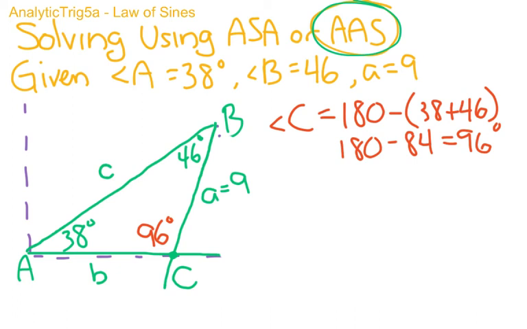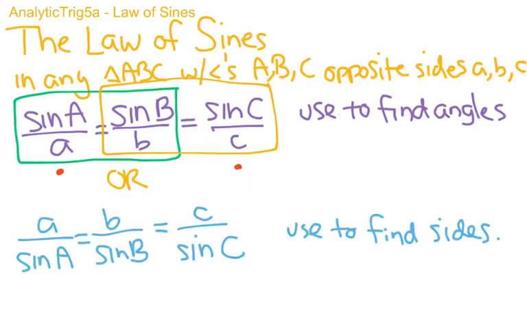Now notice that we have all of the angles, so we're just looking for the value of C and B now, which is fairly simple. So I'm going to go back to the law of sines, and in blue here it says use these ones to find the sides. It's basically the law flipped upside down, but we use it that way so we don't have to manipulate the equations too much.